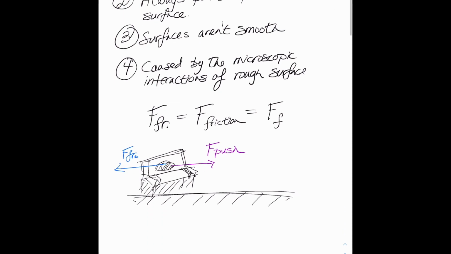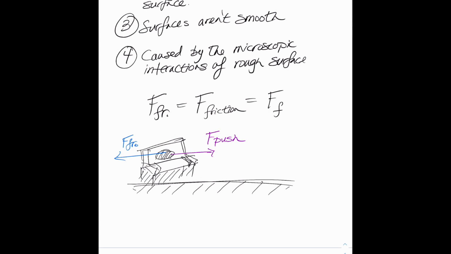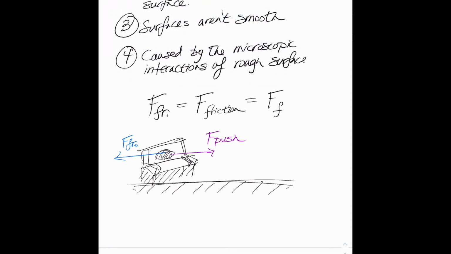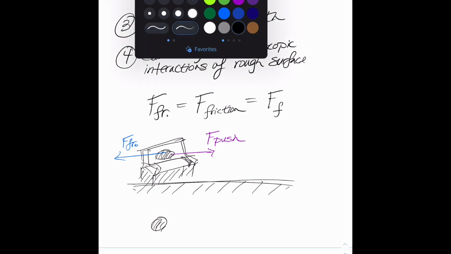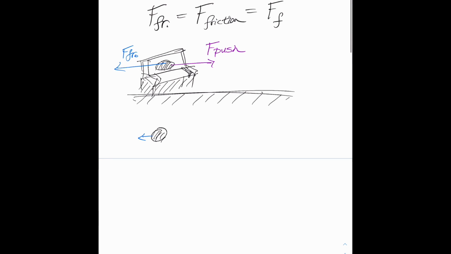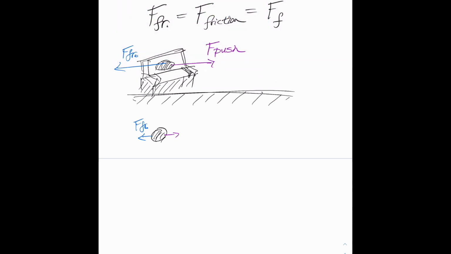Now, what we know from experience, right, is that we could walk up to the couch and push lightly, and force friction would balance, right? So what I'm saying is, you might push on the couch. I'm not going to redraw the entire couch. If I just draw this dot here, you might push lightly on the couch like this, and the couch doesn't budge. Sorry, here's your force push.